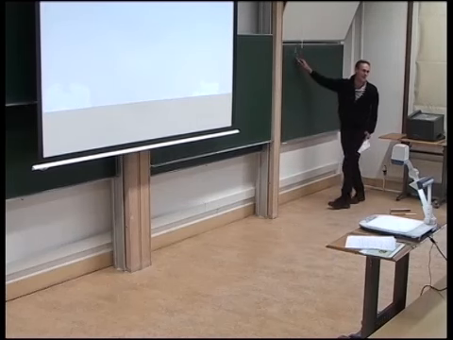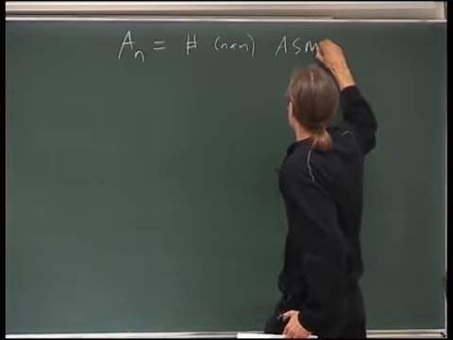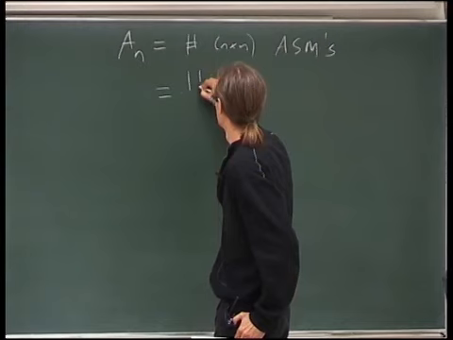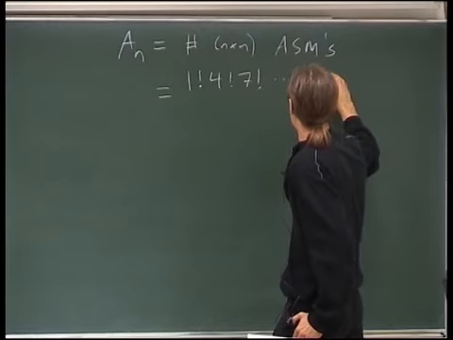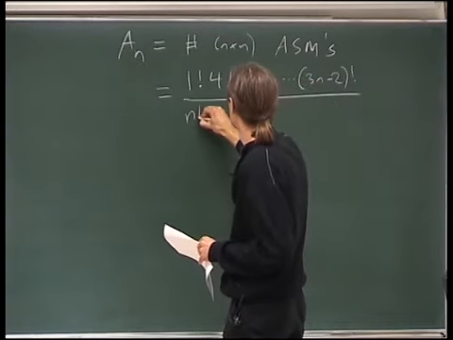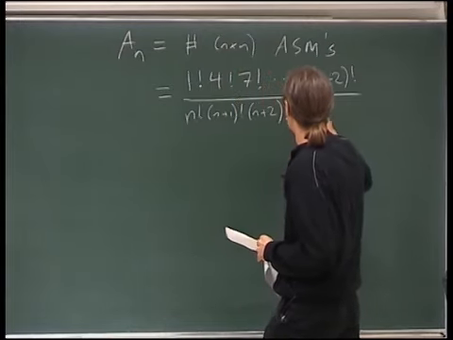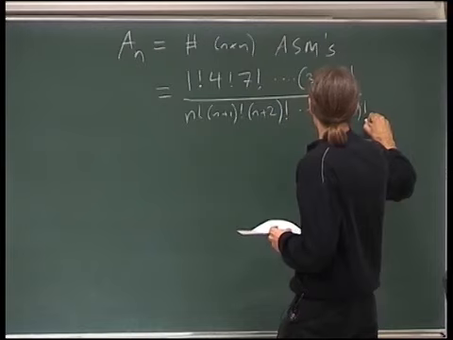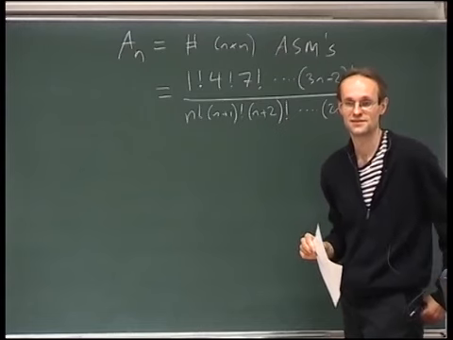So if we denote by A_n the number of n by n alternating sign matrices, then it's given by this very nice formula. So just a product of factorials.